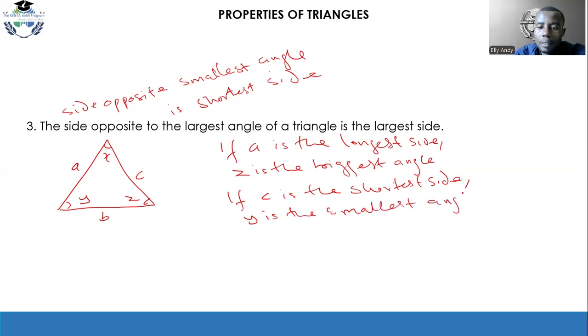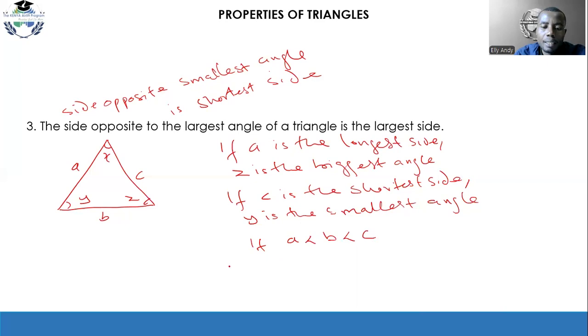We can combine all this in this representation. We can say that if A is less than B, which is less than C, then the same relationship will hold for the angles.